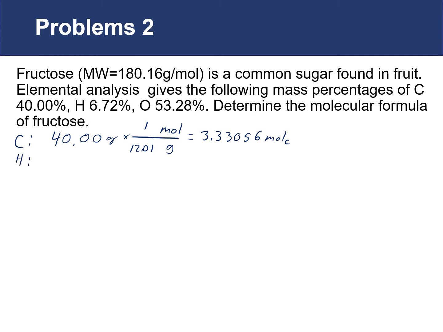For hydrogen, we have 6.72 grams. Again, this is based on assuming that we have a total of 100 grams of our fructose. 1 mole of hydrogen is 1.0079 grams. That gives us 6.66733 moles of hydrogen.